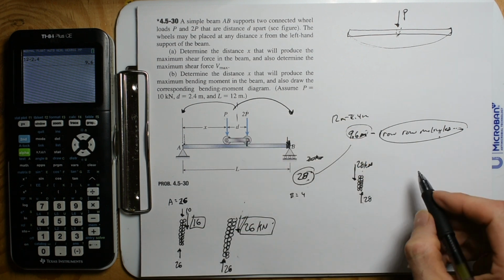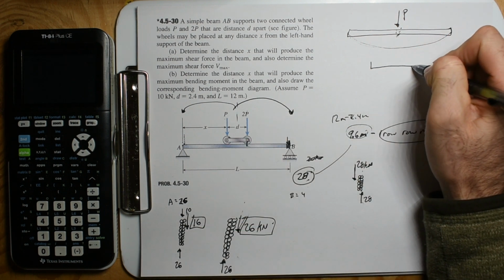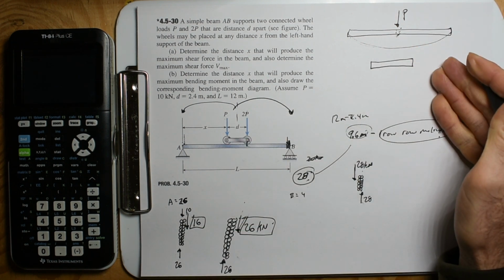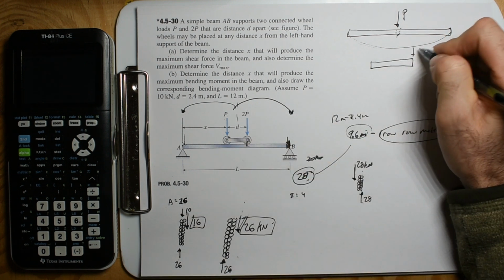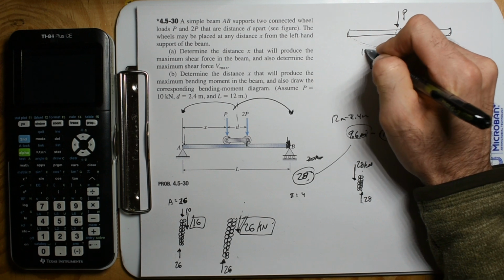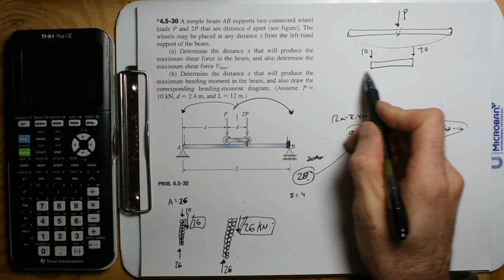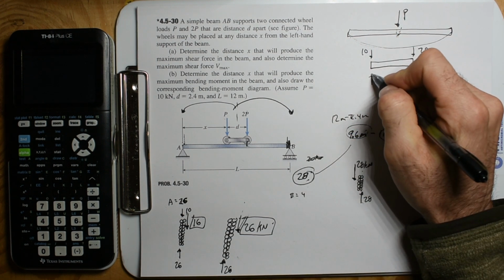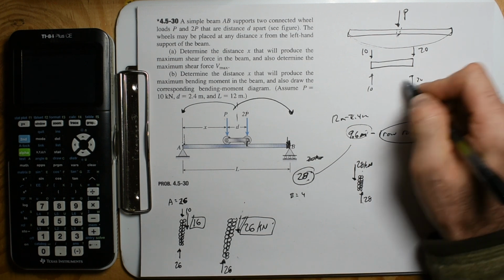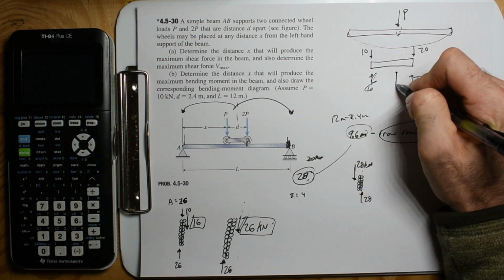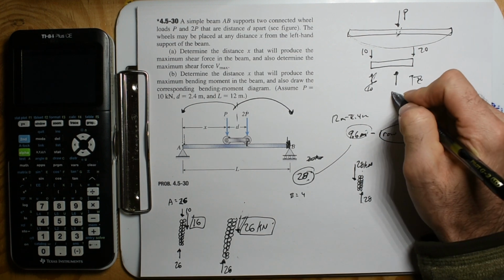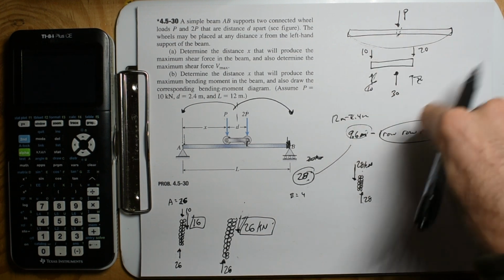If I have this thing floating in outer space, and we put 20 kilonewtons there and 10 kilonewtons there, where do I have to apply one force where this is going to be 30 and it's not going to spin?